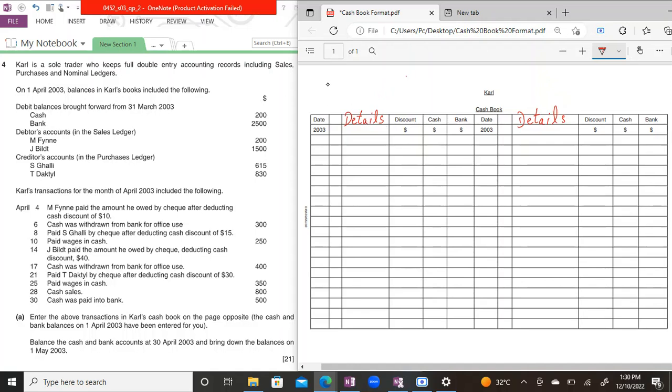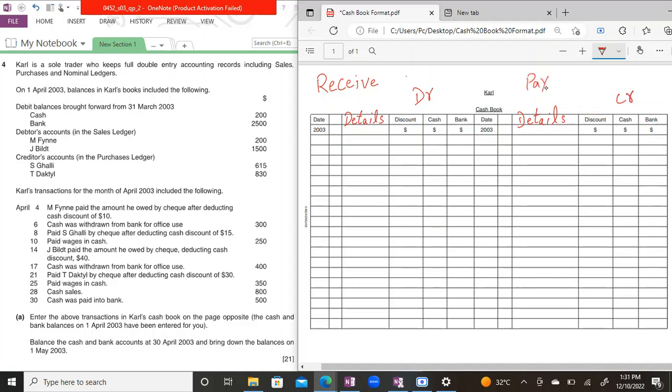Discount, cash, and bank. So this side, it means that whatever amount is received by the business, it will be recorded here. So this is your receive side, or you can say that this is your debit side, and all this is date, details, discount, cash, and bank.